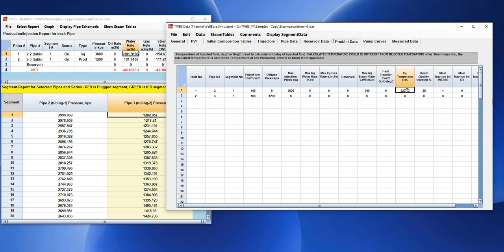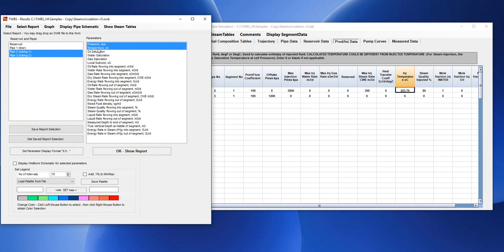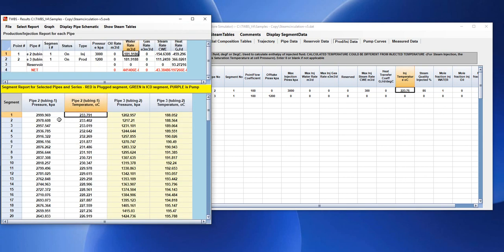The injection temperature tells us the enthalpy, the injection temperature of the fluids, and for a production point it is 0. For an injection point, we put in the injection temperature, so we can get the enthalpy of injected gas or steam or water. Be aware that when the program reports the temperature, this temperature in the tubing is 213.3, but we've injected at a temperature of 223.